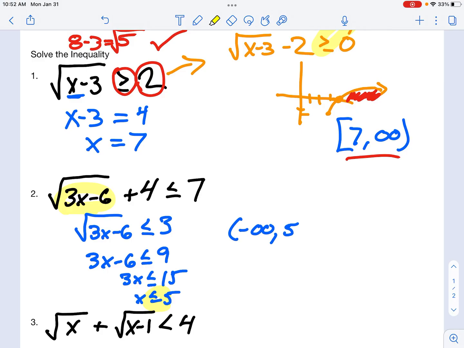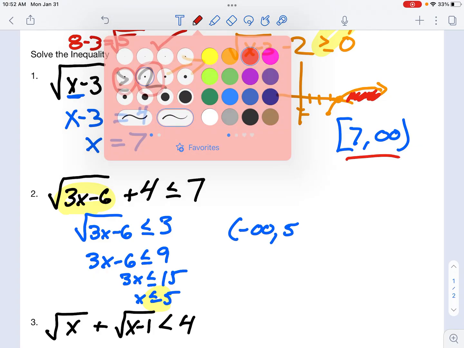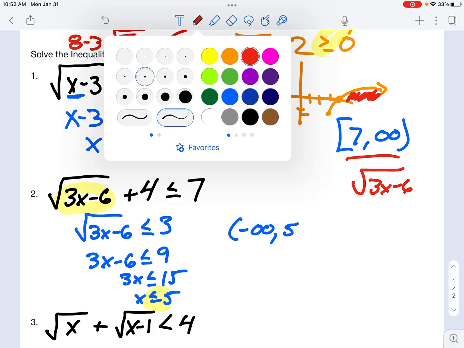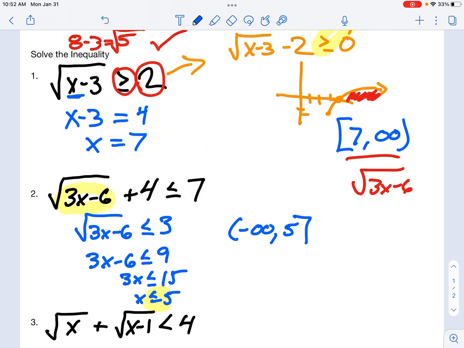From the square root of 3x minus 6, I know that my domain for that problem is such that the x values have to go from 2 to infinity. Anything less than 2 is going to give me a negative number underneath the square root.